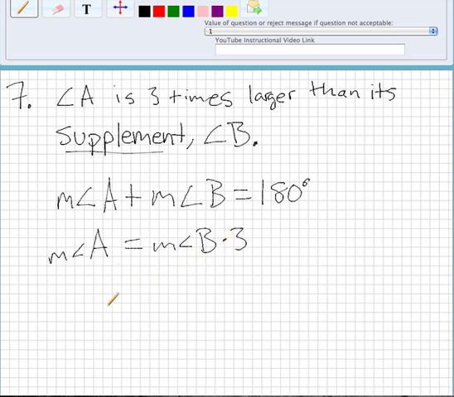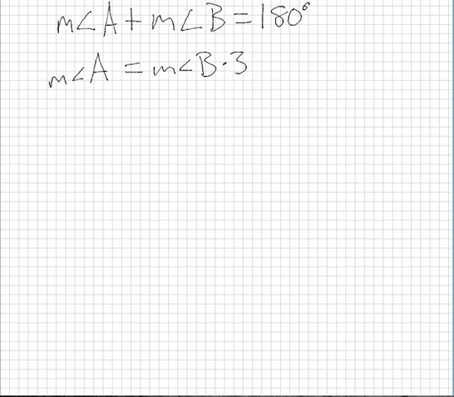So I'm going to bring this over down here. I'm going to subtract this from both sides, 3 measure of angle B from both sides.